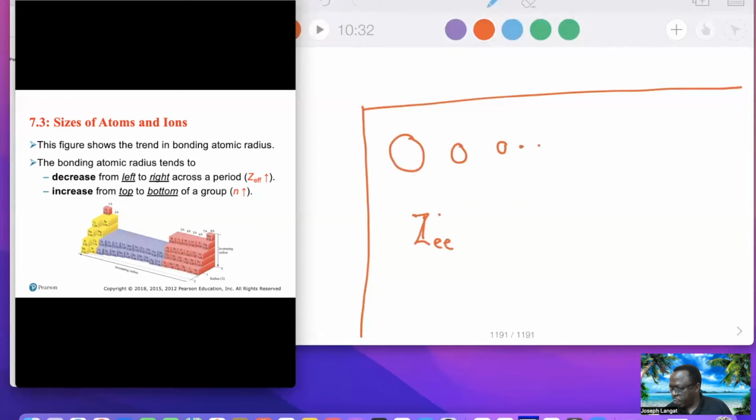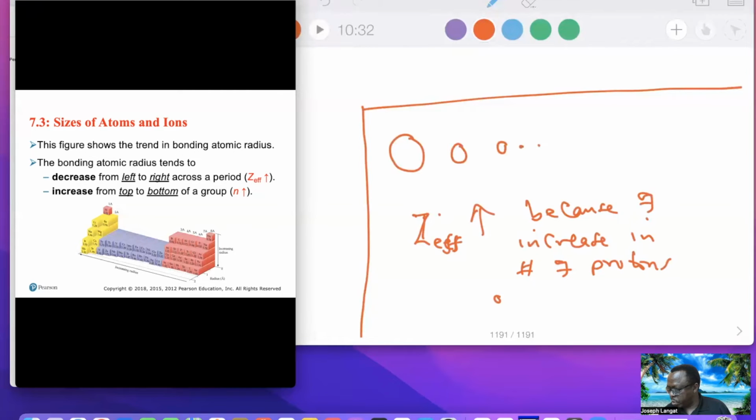So C effective goes up because of increase in what? Because of increase in number of protons or nuclear charge. That's what is causing this pattern.